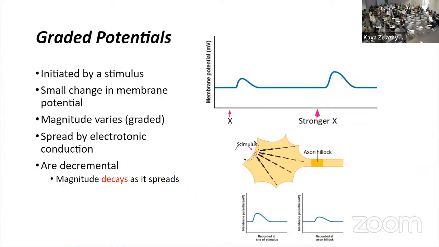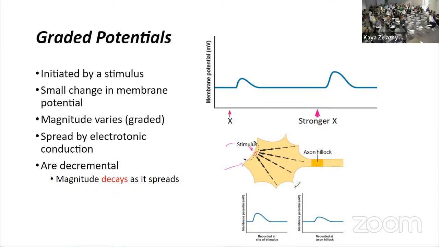So basically, the cell is going to start to change the membrane potential at that location where it gets poked. So the stimulus is coming in at a physical spot. Here we might think about the stimulus as being on the soma of the neuron, so that body part. Maybe these points are dendrites, so you might have a stimulus poking in here on a dendrite, creating a graded potential originating there. So these are small local changes to the membrane potential.